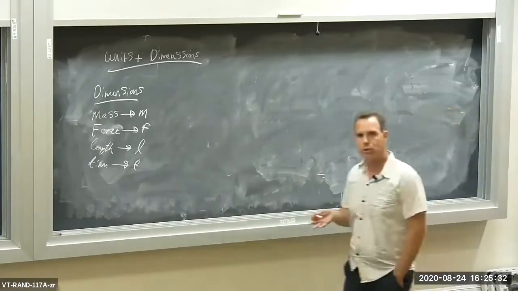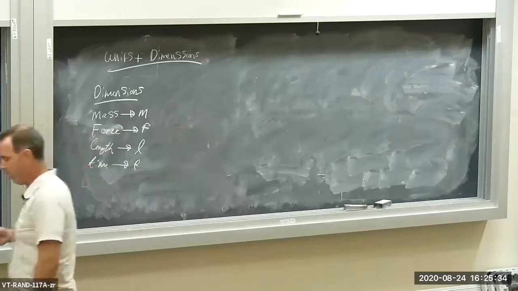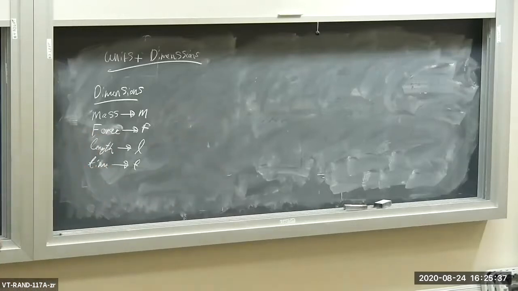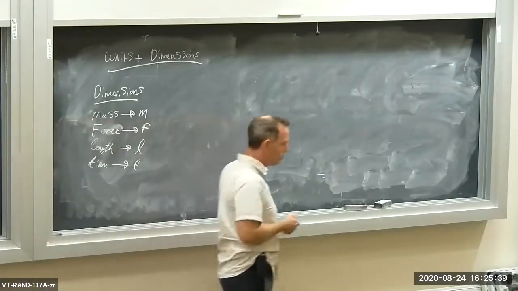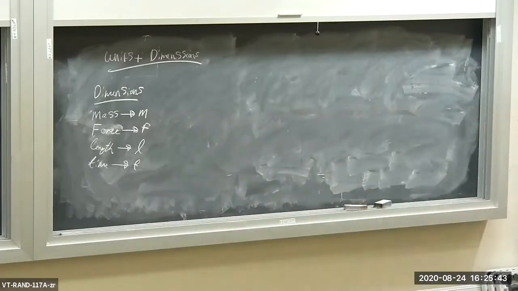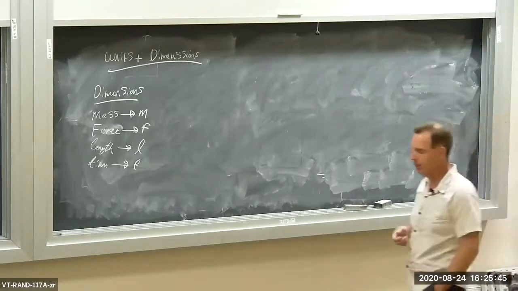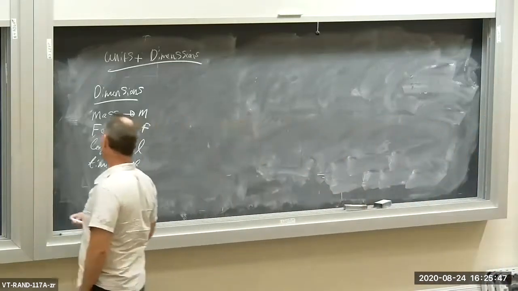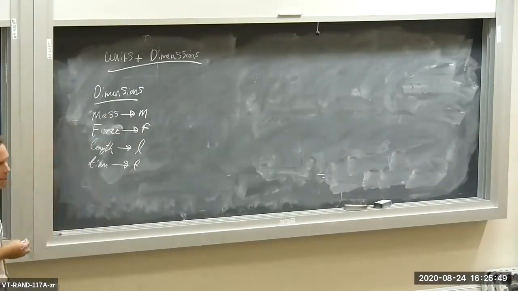And of course, there's degree as well, like degree Fahrenheit or degree centigrade. If you want to put a little circle in the superscript, that's fine with me. But these are the main dimensions that we're going to be dealing with.